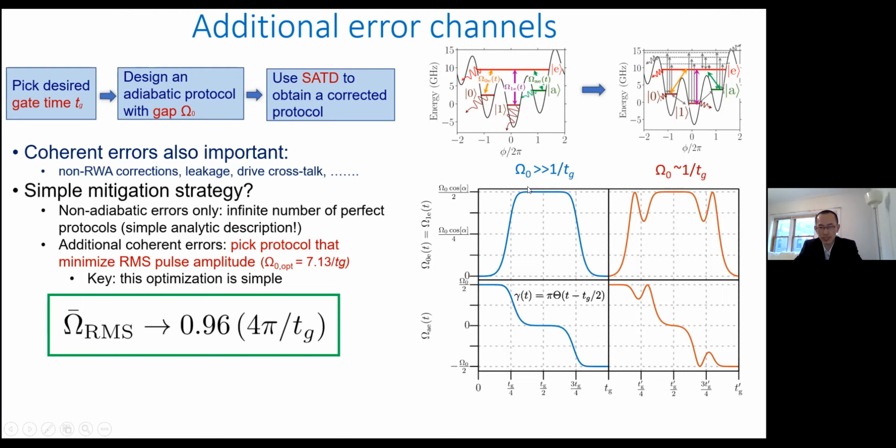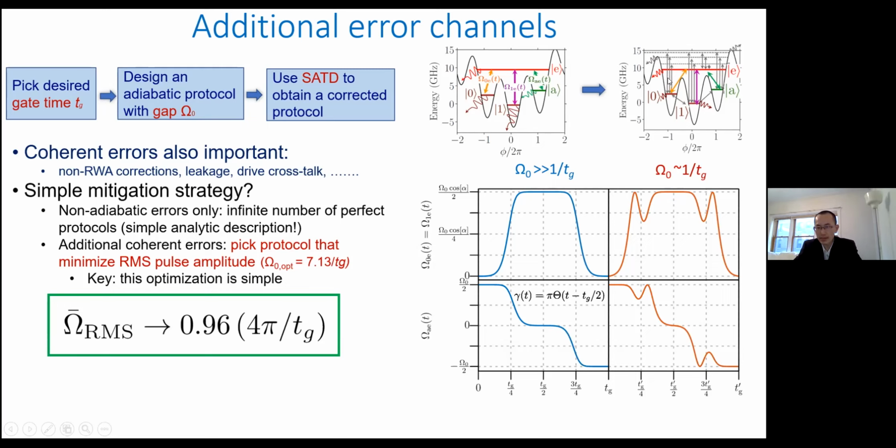This degeneracy of perfect protocols will be lost when you go to the realistic system with many levels. However, we can use this degeneracy of protocols to cancel the current errors due to the non-RWA process and the extra levels. So the idea is very simple.